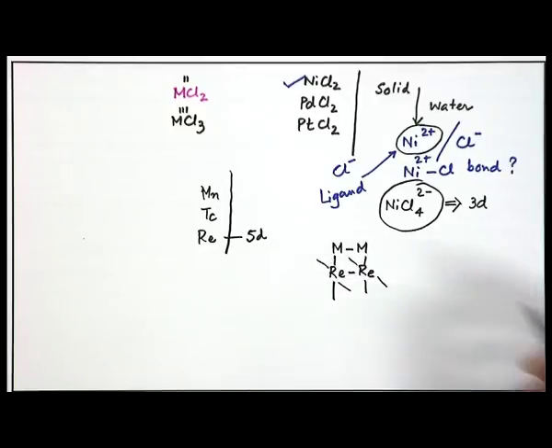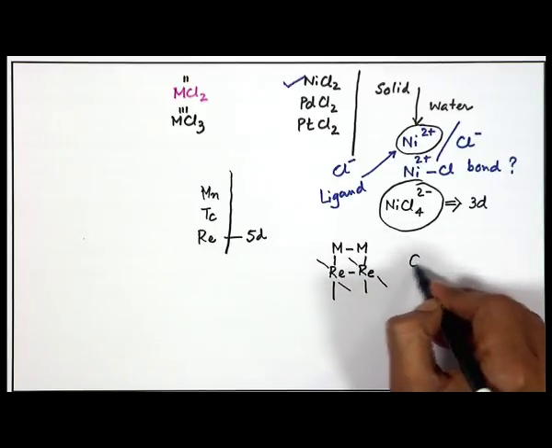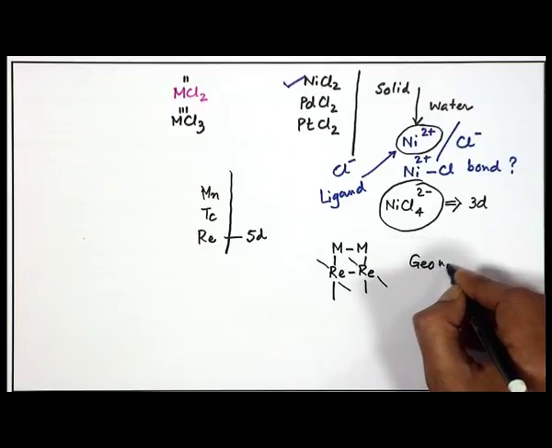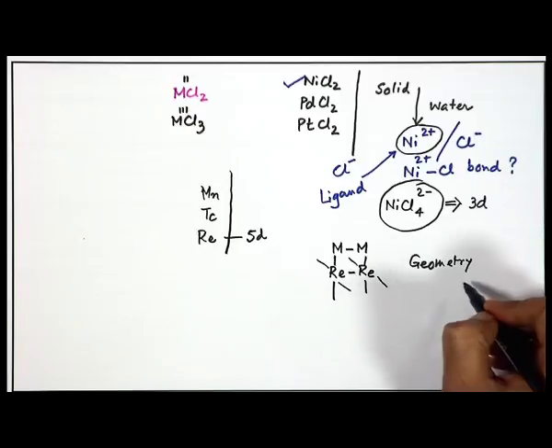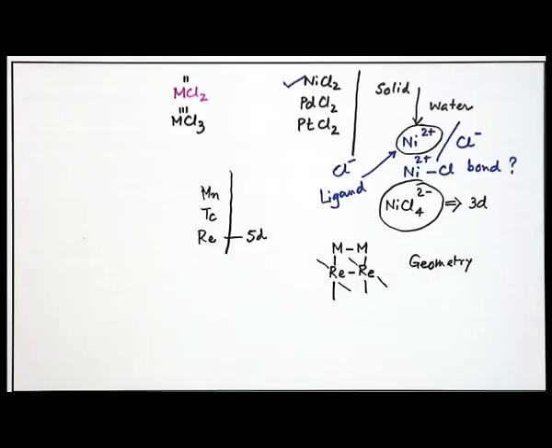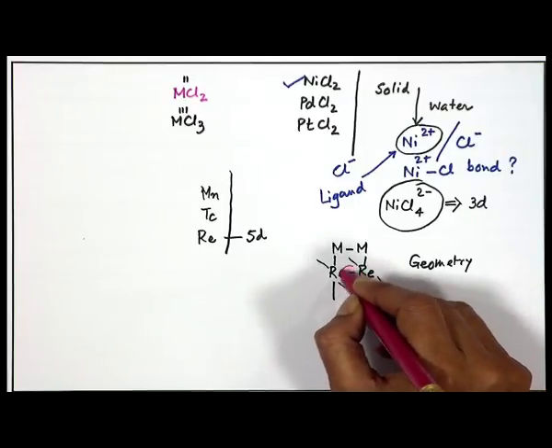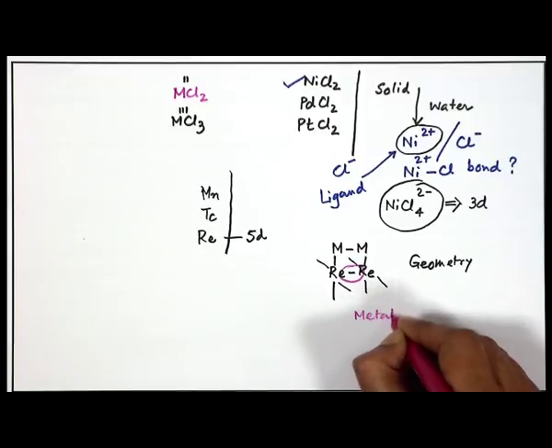Apart from this, in which geometry, we will discuss later on, depending upon the geometry, if some space is allowed, these two rhenium centers can be pushed together like the metallic bonding in a metal.